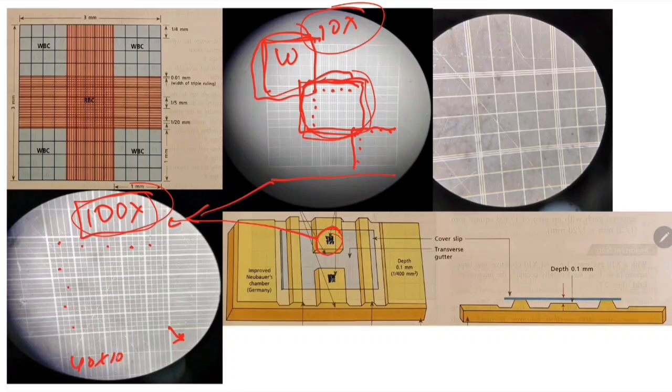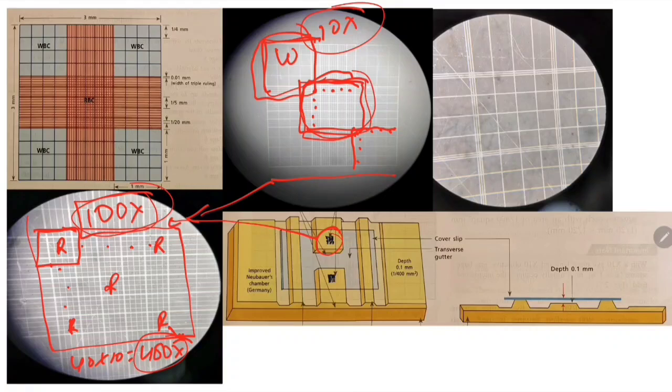Total magnification 40 into 10 equals 400x. It means it will focus this area larger. So let's see how it will look. This area we are going to count. RBC counting will be done only in the 1, 2, 3, 4 and this 5 area. We are not going to count this whole area for RBC.